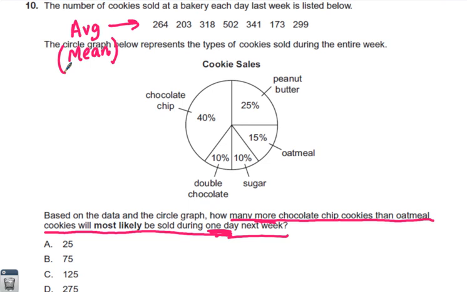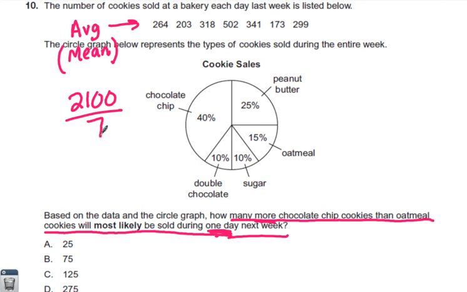So that means we do 264, I got a calculator, plus 203, plus 318, plus 502, plus 341, plus 173, plus 299, and that gets an even 2100. And then to finish calculating the mean, how many numbers were there? 7.